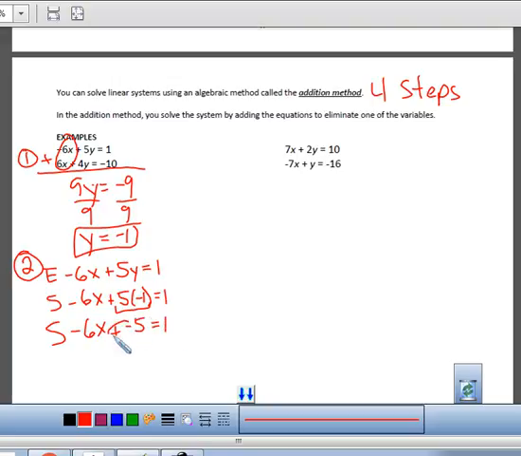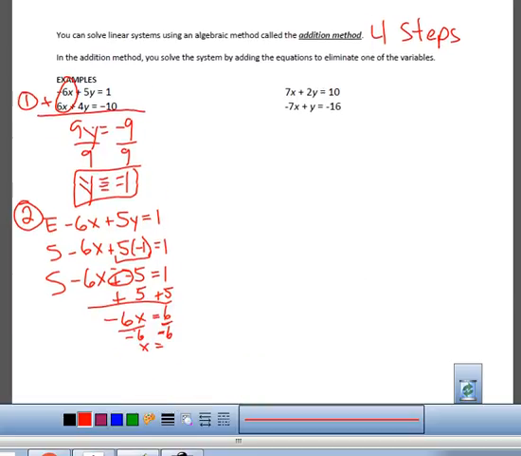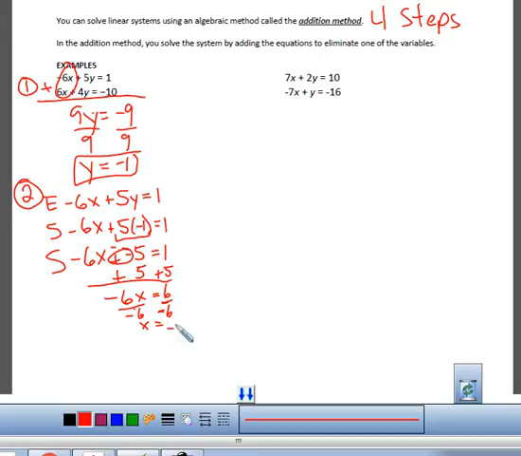Well, adding a negative is the same as subtraction. So I'm subtracting 5. So to do the inverse operation, I'm going to add 5 to both sides. And I get negative 6x equals 1 plus 5 is 6. Divide both sides by negative 6. And you get x is equal to negative 1.